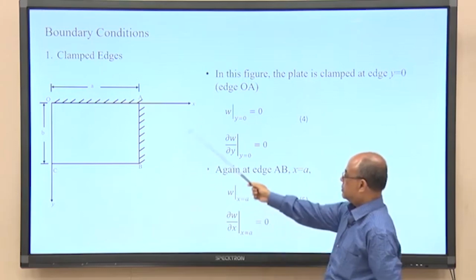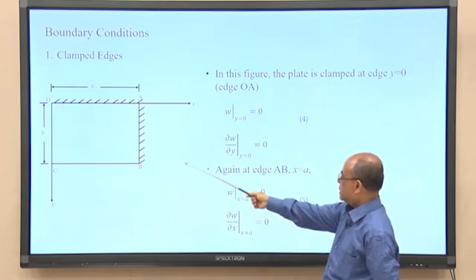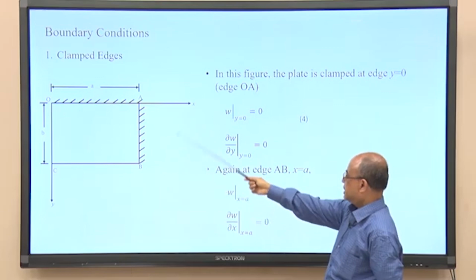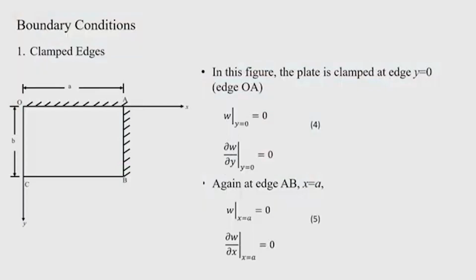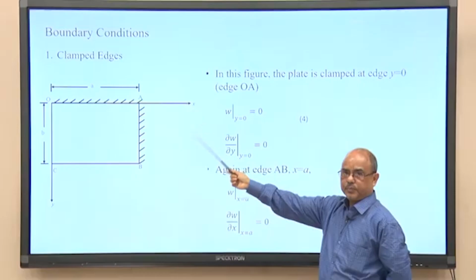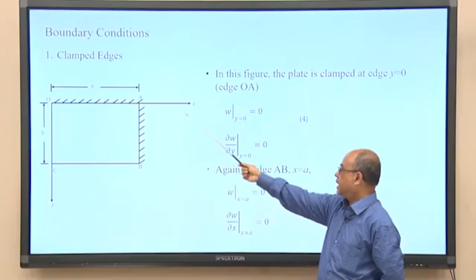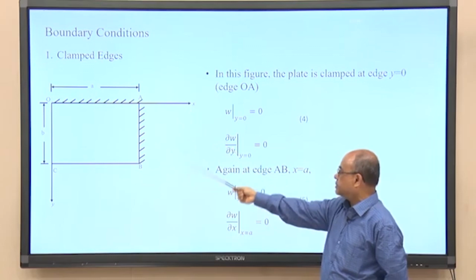Now, here I take an example of a rectangular plate which has straight edges. The rectangular plate is say OABC, that you are seeing here. The length of the plate is a, along the x axis, and the width of the plate is b along the y axis. And you can see here that edge OA is fixed, it is clamped, and edge AB is also fixed.